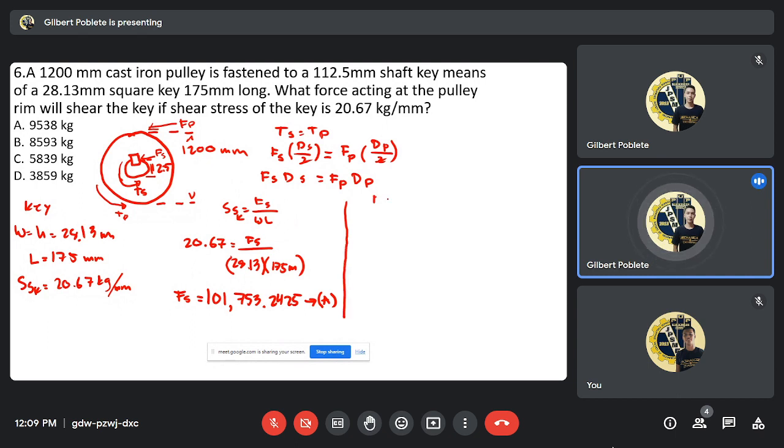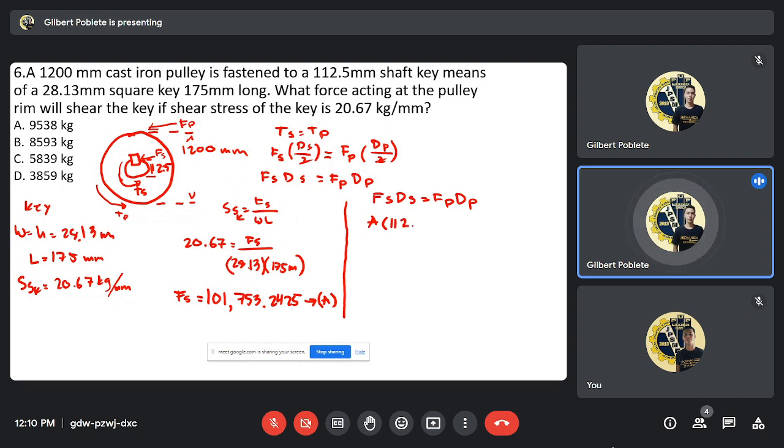So, ulit namin. Fs ds equals to Fp dp. So, meron na tayong Fs na 101,000 times the diameter natin is 100.